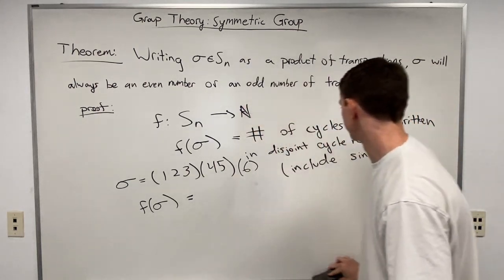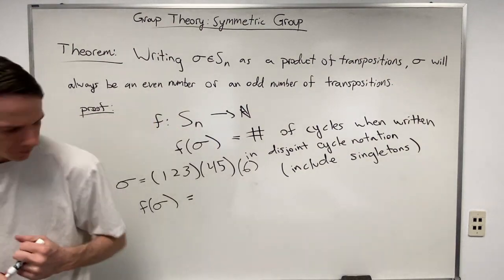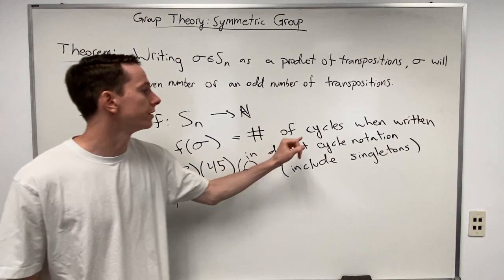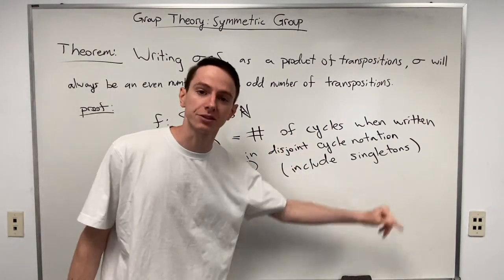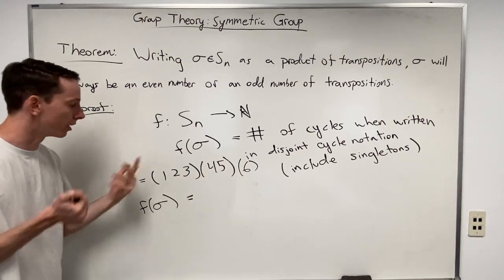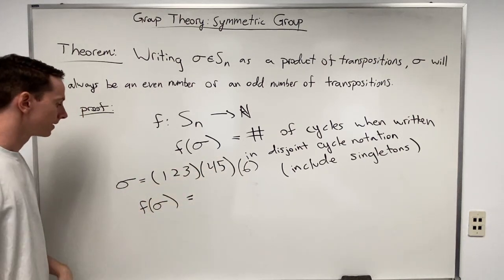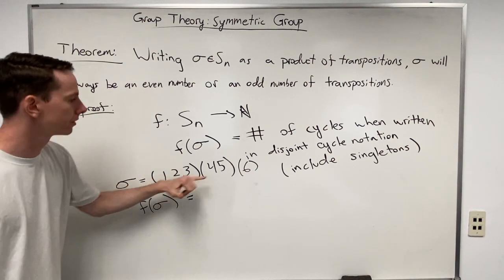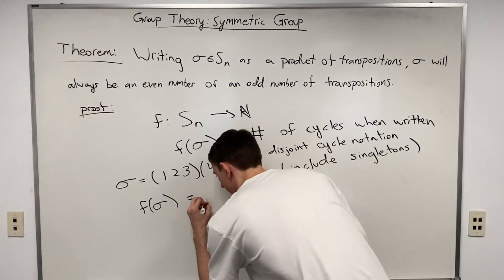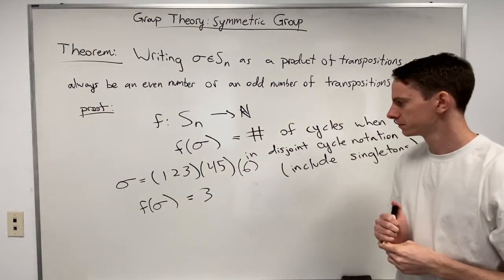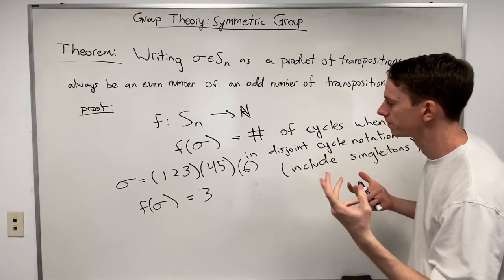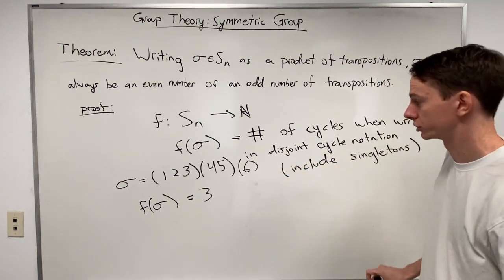Because the function counts the number of cycles when written in this notation, including the singletons, including these 1 cycles right here, we would just count up how many cycles we see. So if this was in S6, we would say, okay, well, I have 1, 2, and then 3 different cycles. So if sigma is in S6, then f of sigma is 3. Right? Hopefully this gives us a good idea of how to apply this function.